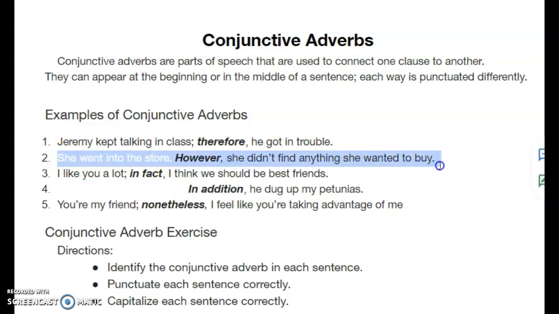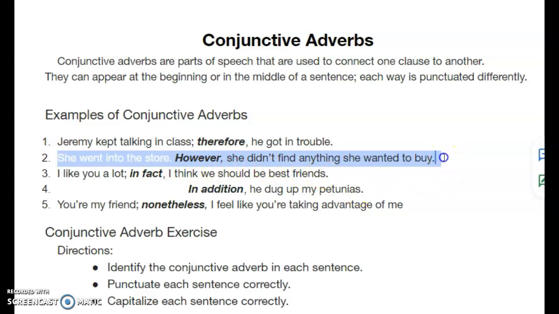So if you use a conjunctive adverb at the beginning of a sentence, it needs to tie that sentence to the sentence before it. So here, this conjunctive adverb, however, is tying the rest of the sentence, she didn't find anything she wanted to buy, to the sentence that came before, she went into the store, period, start a new sentence, however, she didn't find anything she wanted to buy.